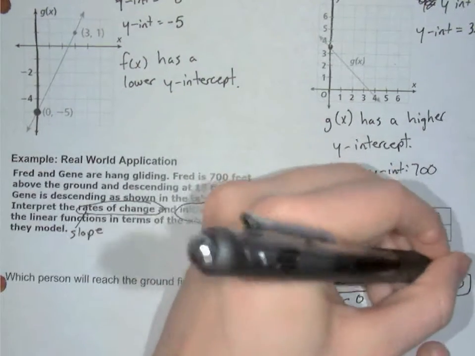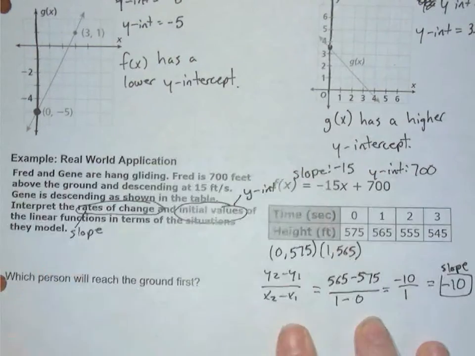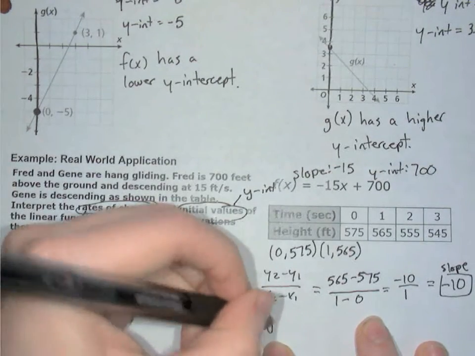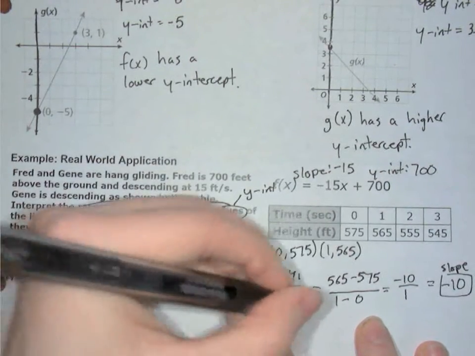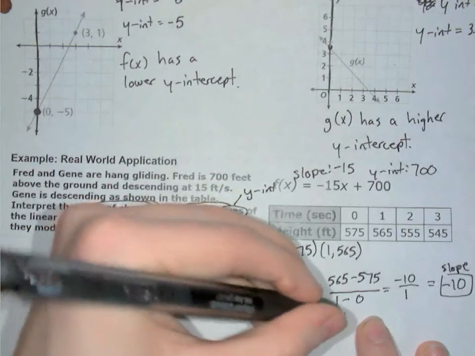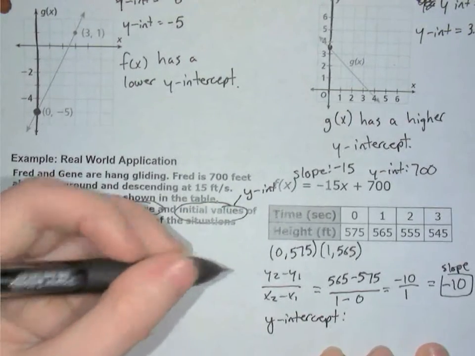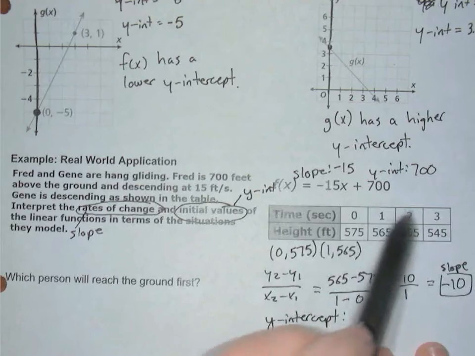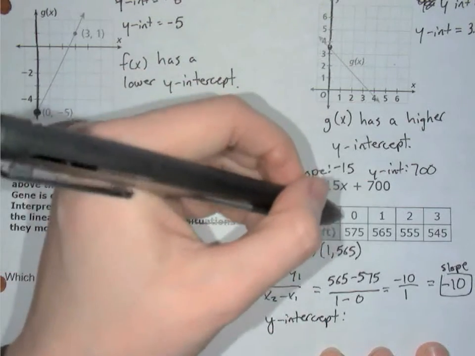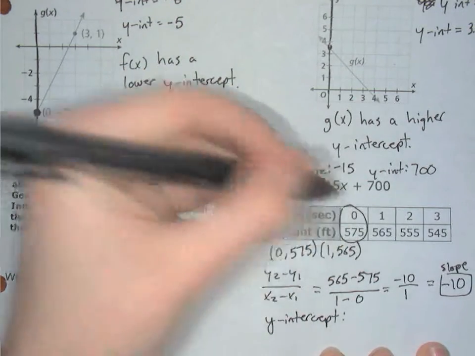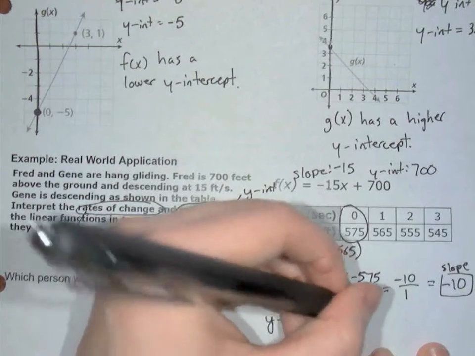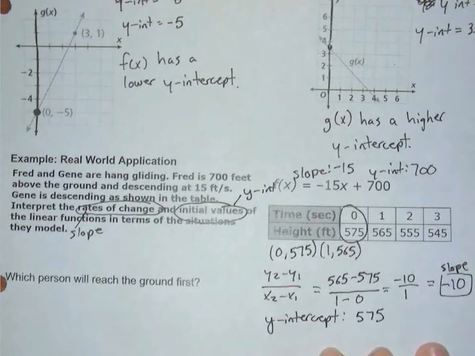So there's my slope. I can also find my y-intercept easily. There's my y-intercept, because it's the point that goes along with 0 on my x's. So here's 0 seconds, 575. So my y-intercept is 575. When we compare which person has the greater slope, think about the fact that we're descending.